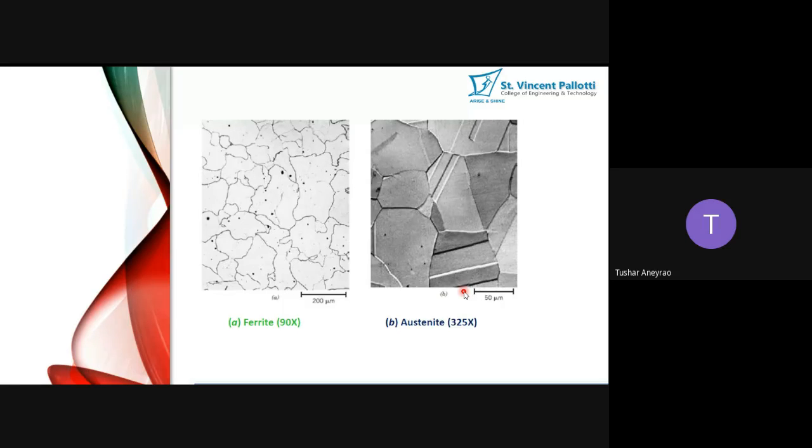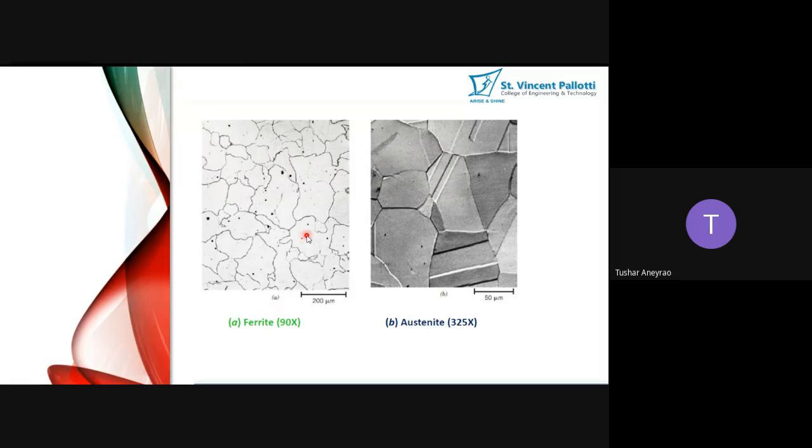Now these are some microstructures. We have seen which particular phase is stable at which particular temperature range with respect to time. Alpha ferrite is the most stable phase at room temperature, shown here at 90x zoom and 200 micrometer magnification.